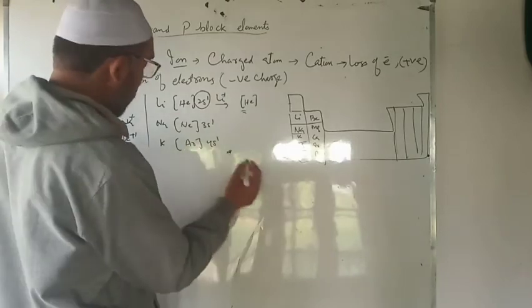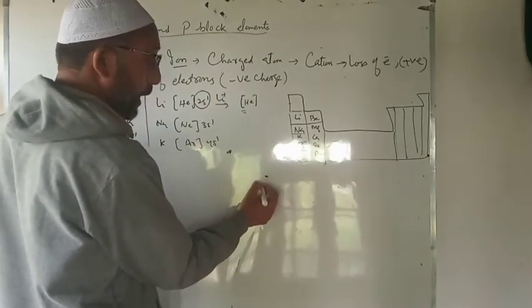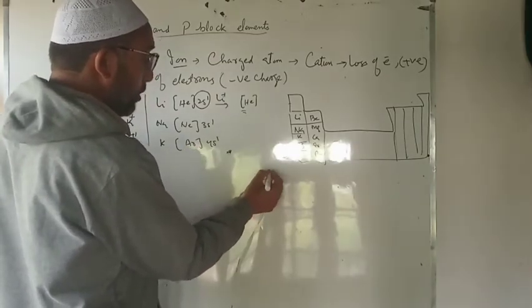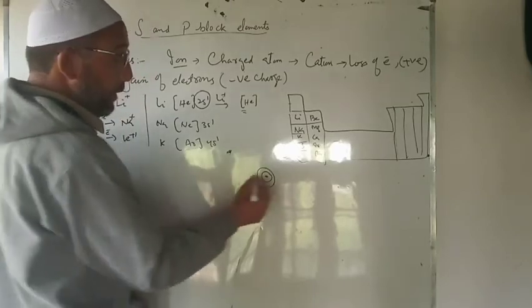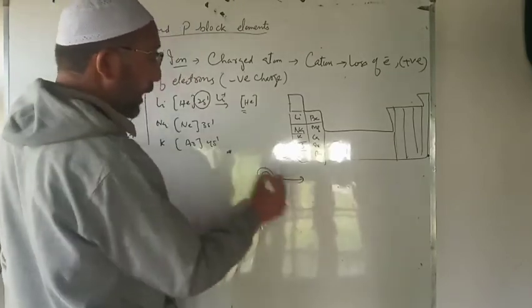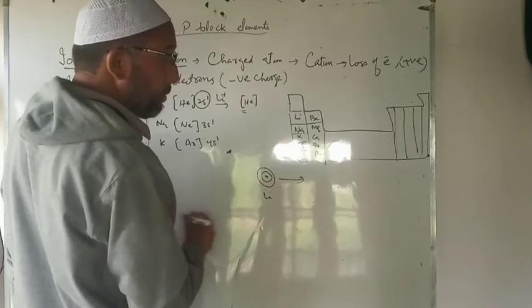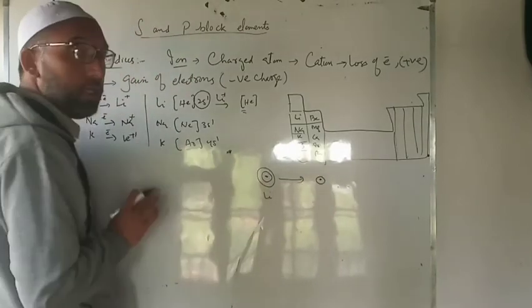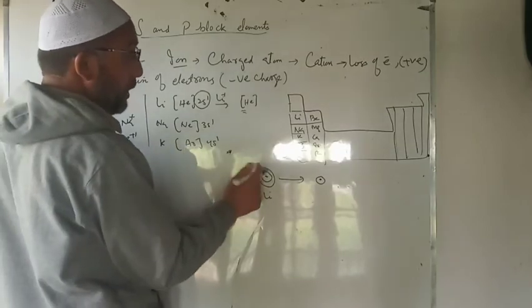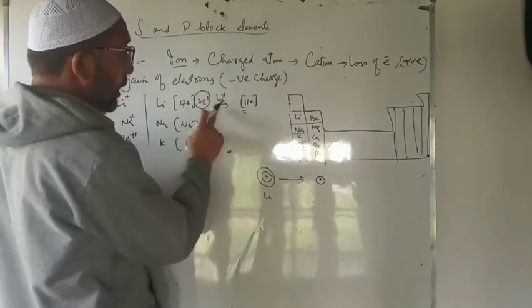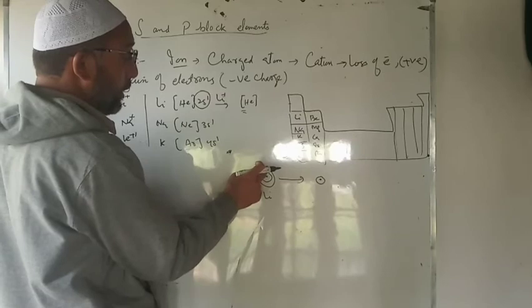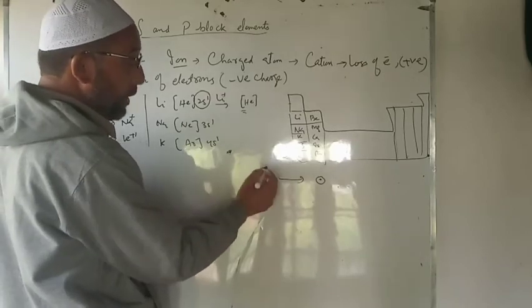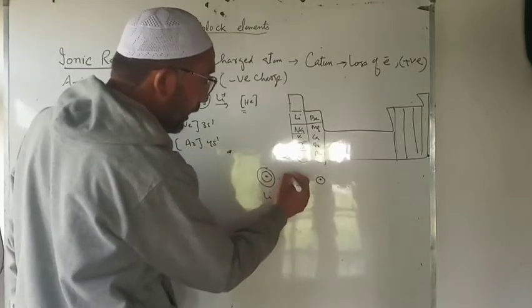Now we have just seen that in case of atomic radius, lithium has two shells in it. When this lithium changes into lithium ion, what will happen? It will have now only one shell, because the electron which was present in the outermost shell, 2s1, has been lost. So when the electron has been lost, that means the shell has been lost.